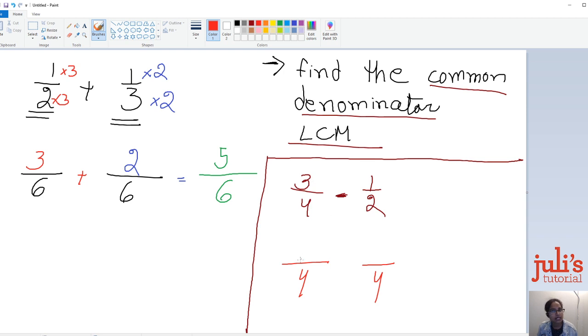So this one stays the same, 3 over 4 minus 1 over 2. I'm going to multiply it by 2 to get to 4. 2 times 2 is 4. 2 times 1 is 2. 3/4 minus 2/4, my answer is going to be 1/4.